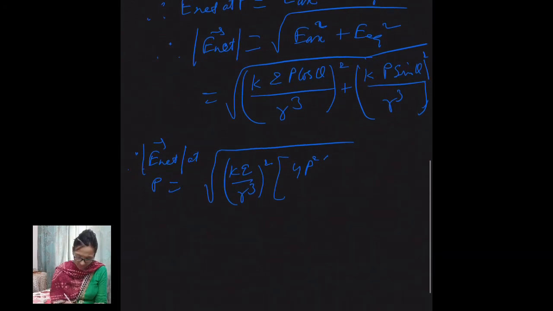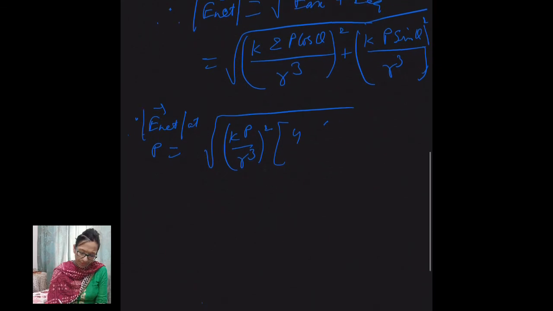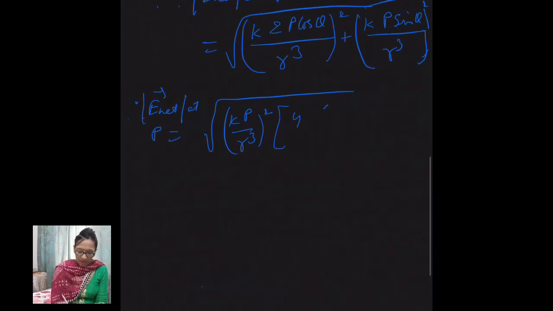It is dipole, not distance, so it is P cos theta. I have just resolved this vector into two components.